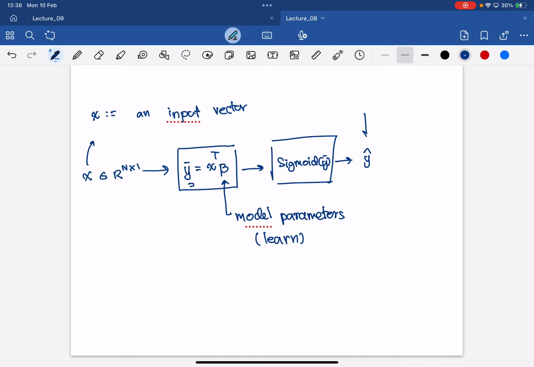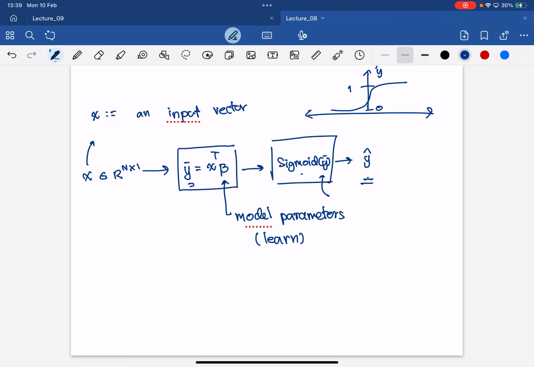So if we get the y hat here, where we are using it to represent the output from the sigmoid function, there are some properties associated with that y hat. The property is that whatever value of y, the sigmoid function will map that value to a value between 0 and 1.